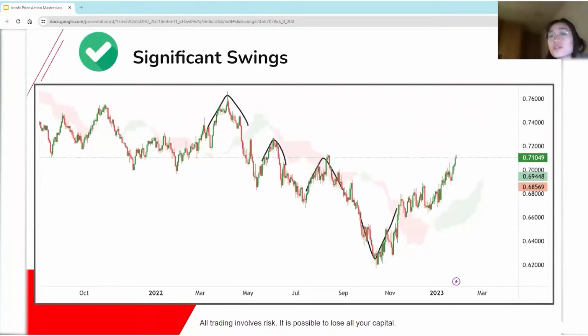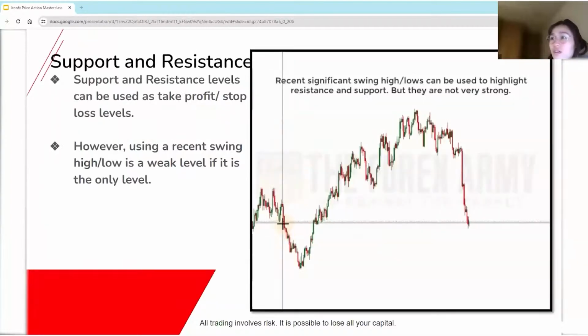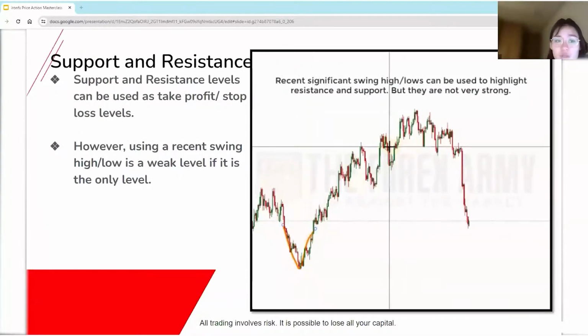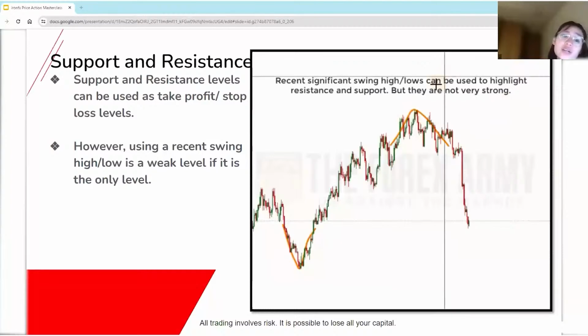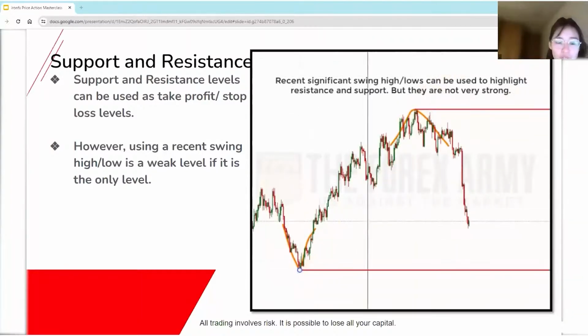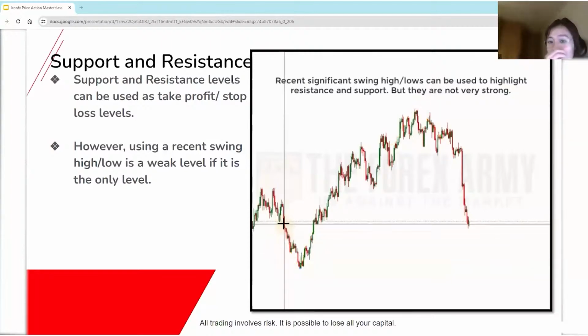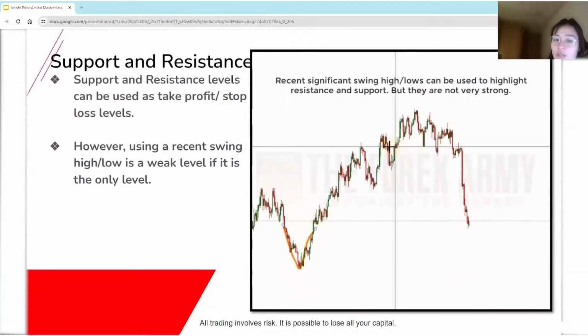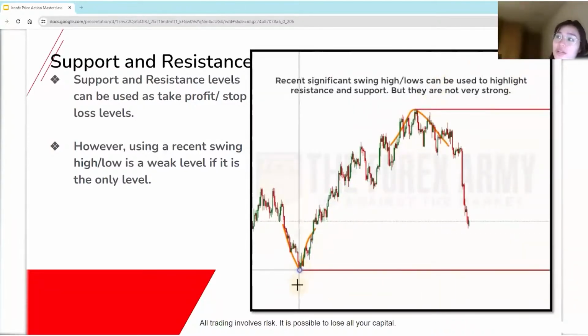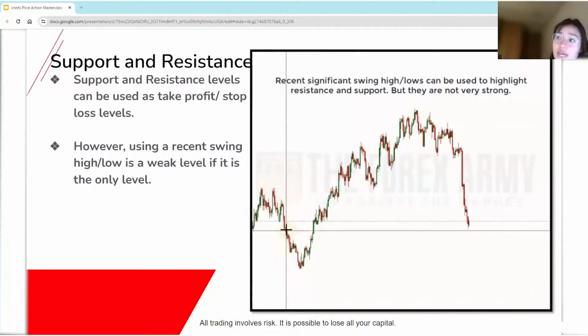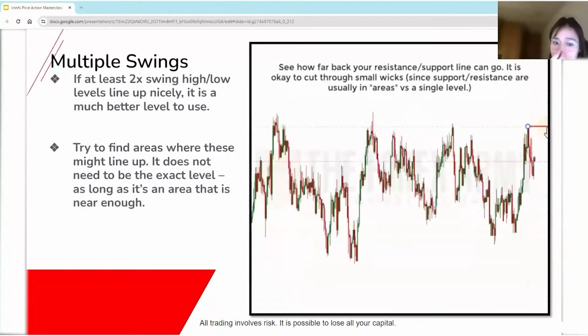So here's an example of significant swings. Very clear market movement here. And support and resistance. So these levels, as I mentioned earlier, are used as your take profit, stop loss levels, entry, exit, and so on. But an important thing to note is to make sure that there are multiple swing highs and lows that line up together so that it strengthens your entry and exit levels.